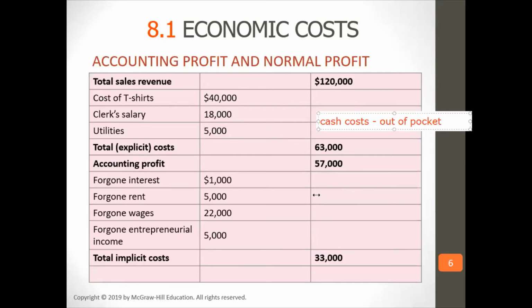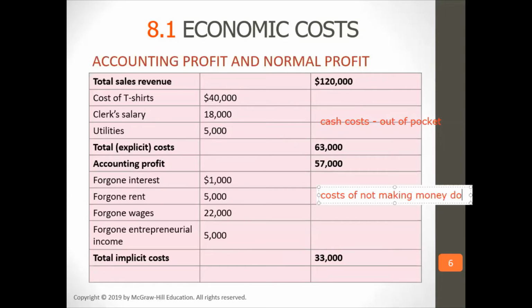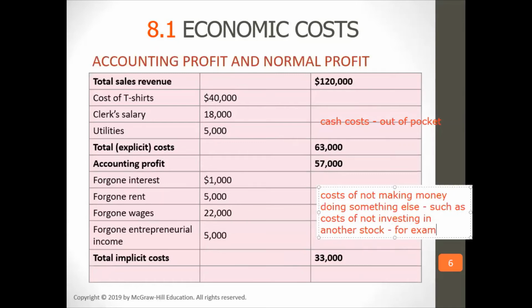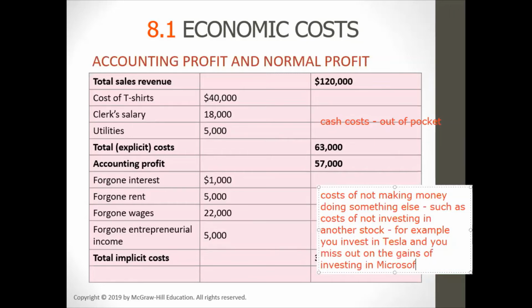And the implicit costs are costs of not making money doing something else, such as the costs of not investing in another stock. Let's say, for example, you invest in Tesla and you miss out on the gains of investing in Microsoft.